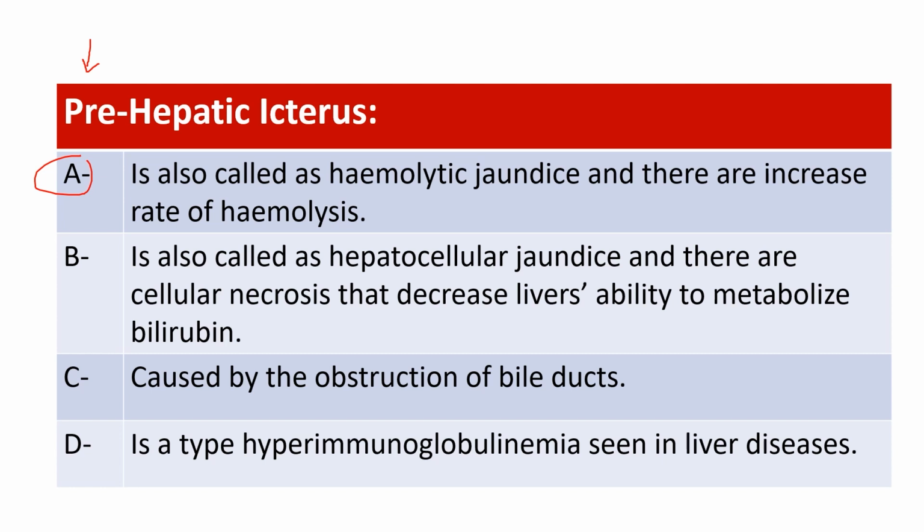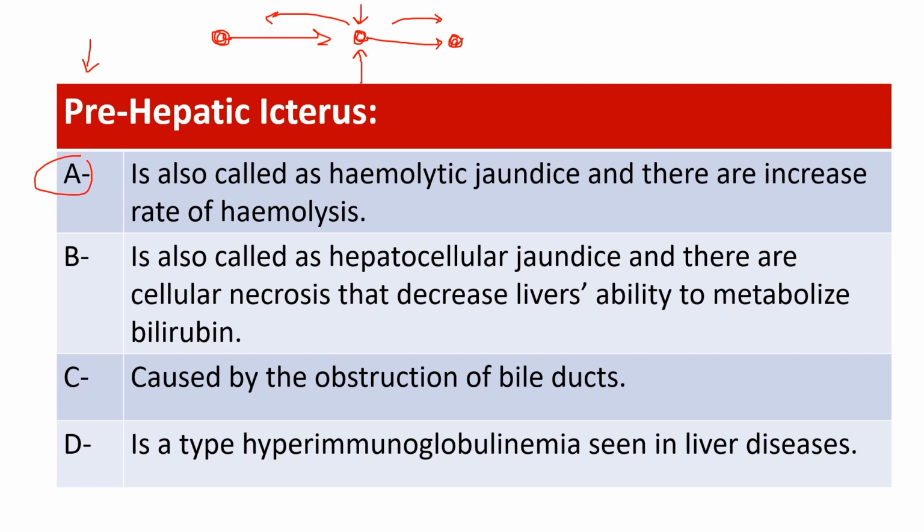It is released in the reticuloendothelial system, then transferred to the liver, and then released into the intestinal tract. So the liver has the leading role in managing bilirubin metabolism. If something happens before the liver, we call it prehepatic. If something happens in the liver, it is called hepatic. And after the liver, we call it posthepatic icterus.